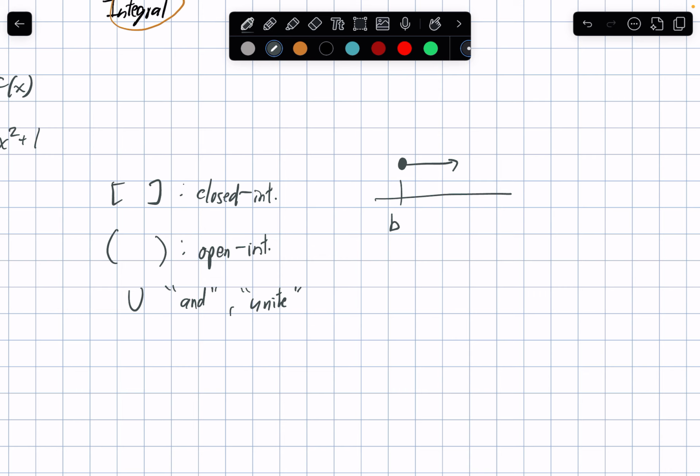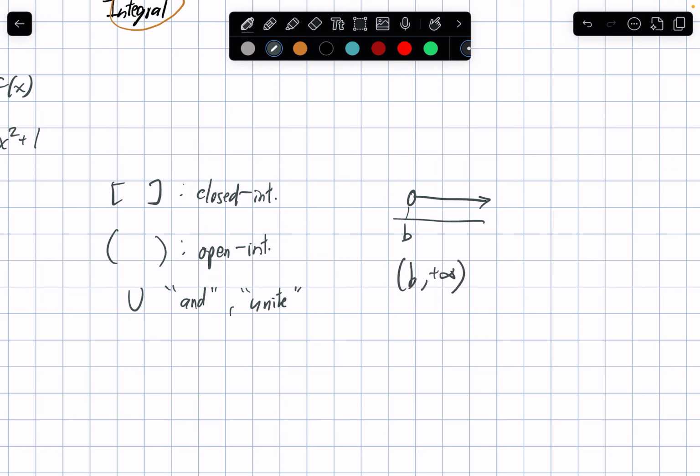Since this is a closed circle, that's going to be b, and since this goes to the right infinitely, this is going to be positive infinity. That's how you know that we have a closed interval, if there's a shaded circle. If it were an open circle, let's say it's still b, then this is what it's going to look like.